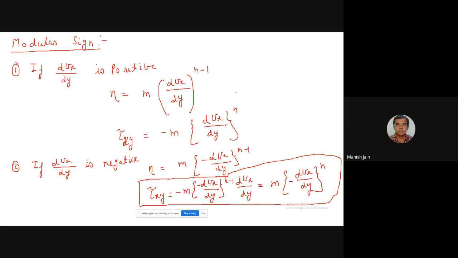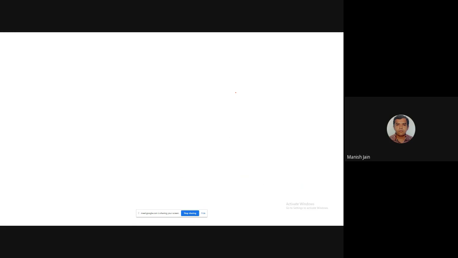Okay, so these are the rules to remove the modulus sign. Now, how does the power law equation represent the different types of flows? Okay, so again I am writing the power law equation. Tau xy equal to minus m in mod dvx by dy to the power n minus 1 multiplied by dvx by dy.